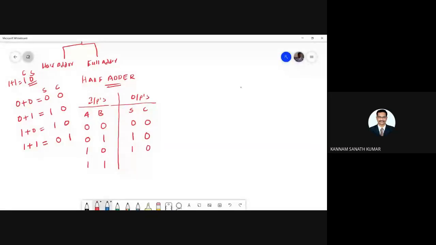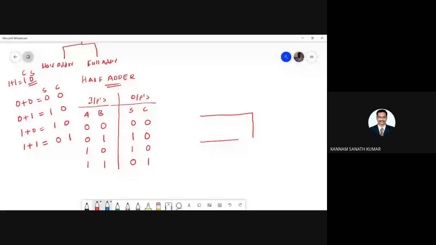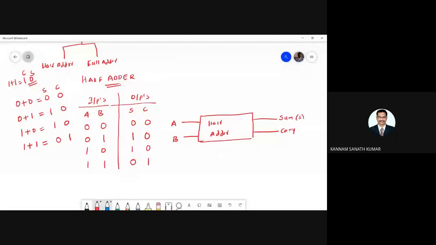If you see the block diagram, this is a half adder. There are two inputs, A and B, and two outputs, sum and carry, S and C. By seeing the outputs, you can get the output expression.